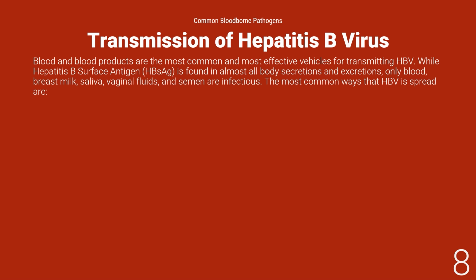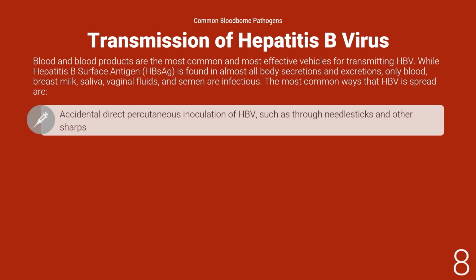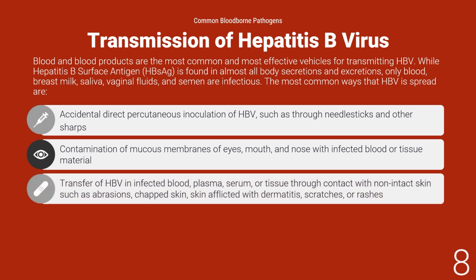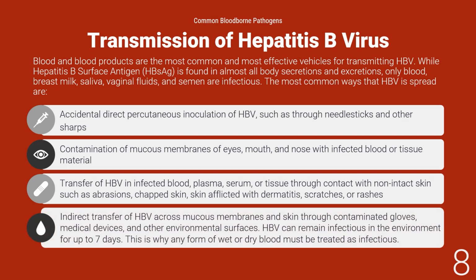The most common ways it is spread are accidental needle sticks or other sharps, contamination of mucous membranes, eyes, mouth, and nose with infected blood or tissue material, transfer of infected blood, plasma, serum, or tissue through non-intact skin such as abrasions, chapped skin, skin affected with dermatitis, scratches, or rashes. Also indirect transfer through contaminated gloves, medical devices, and other environmental surfaces.